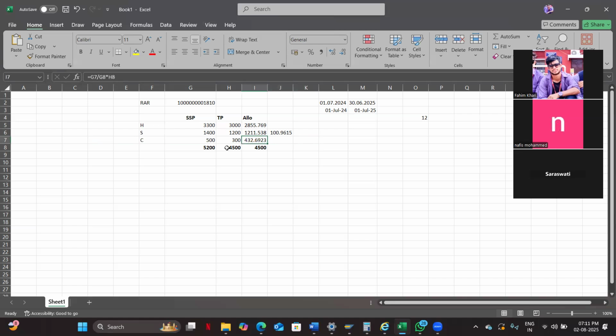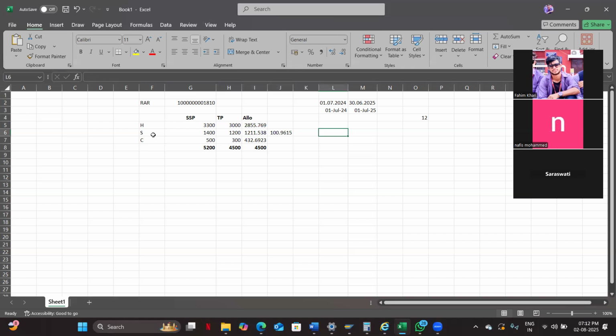So both hardware and consumption are event based, right? Only for subscription we have a start date and end date, meaning it is the contract, so we need to calculate monthly.